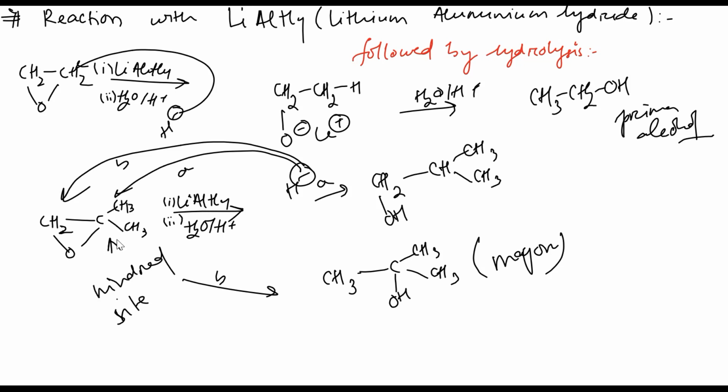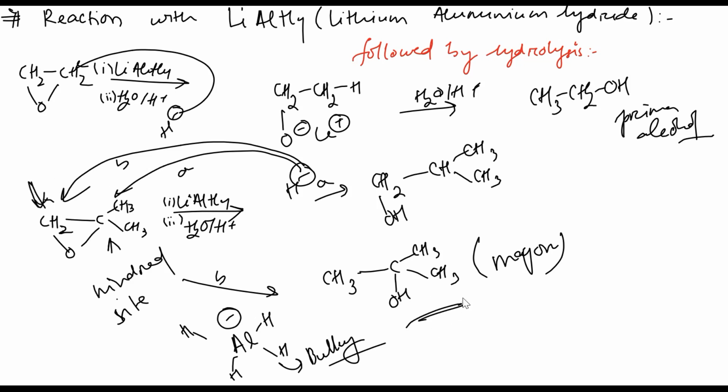So as this is a bulky group, it will attack the less hindered side, which is this side. So the reaction will proceed through B, and there will be formation of this major product. Okay, this is all about epoxides. Initially we have seen preparation, the reactions, acid catalyzed ring opening and base catalyzed ring opening. If you have any doubts, let me know in the comment section. Thank you all.